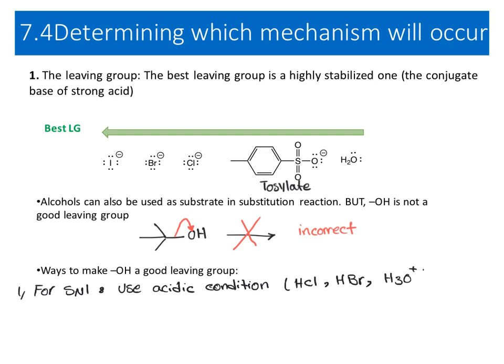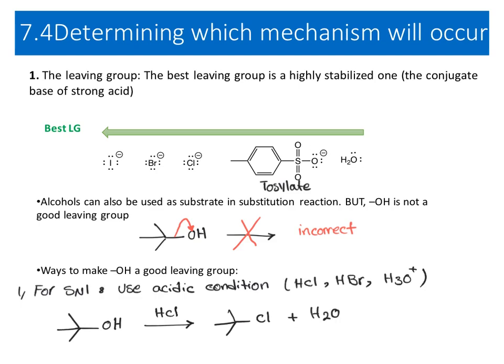They are all acids. Now look at this example. So under acidic condition, the alcohol can act as a good substrate for SN1 reaction and form the alkyl halide and water.